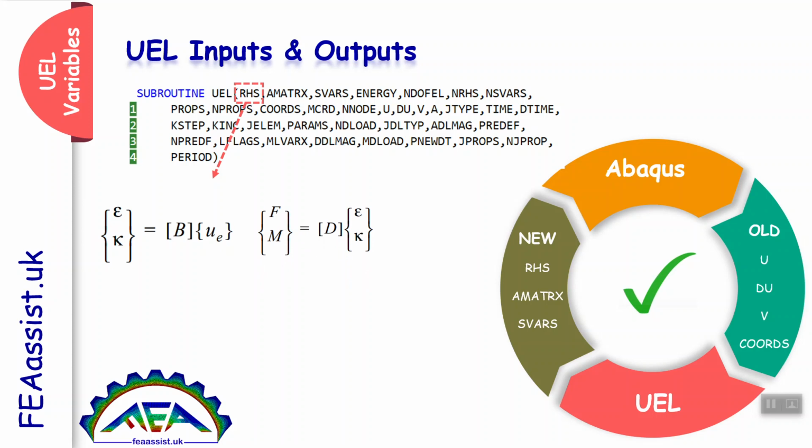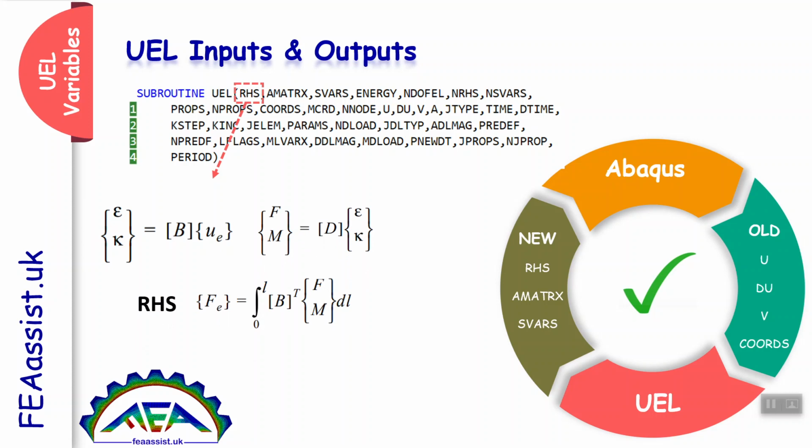So this is the constitutive equation. By this method, we solve our problem. So RHS is F, which, by combining these two equations, is the integration over the length of the element, or area or volume of the element, of B transpose F dl. So you understand what the RHS is that you need to update in your problem.